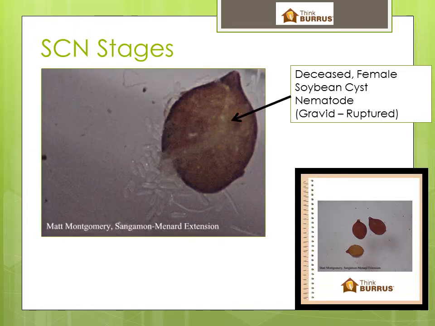Now, you can actually burst that soybean cyst nematode female with a pin, and you can see some of the other parts of the life cycle displayed when you burst that pest open. And you can see here in this picture, we've ruptured the female. Remember, I said her body is housing eggs within. Its body has been ruptured and the eggs have spilled out.